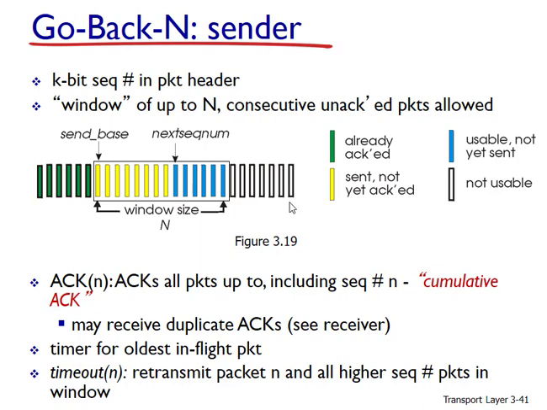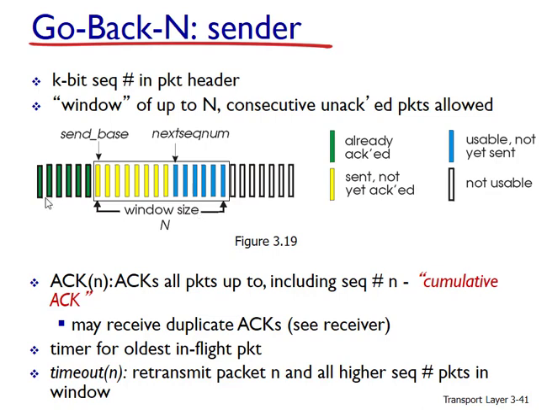If we define the base of the sequence number to be the oldest unacknowledged packet, that's this one right here, and the next sequence number to be the smallest unused sequence number, that would be this one right here, that is the sequence number of the next packet to be sent, then 4 intervals in the range of sequence numbers can be identified.